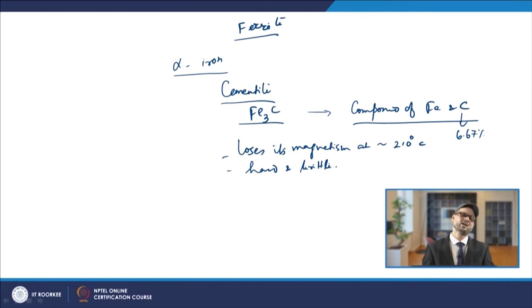In that you have a lamellar structure of ferrite and cementite, which is known as pearlite. So, you have free cementite, and you have the laminated structure, which is your pearlite.